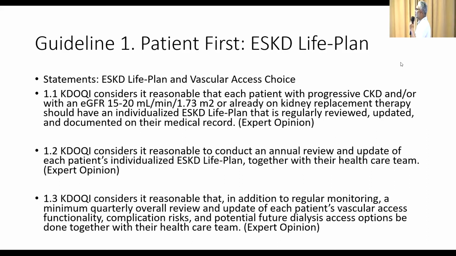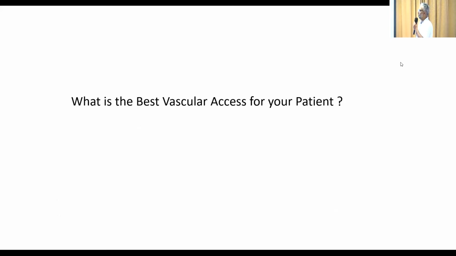And every time this vascular access plan should be reviewed with the patient and with the healthcare team. Dialysis is not done by one person. It's a multidisciplinary business. So if you have a multidisciplinary team, it has again been shown to have better outcomes for patients on dialysis. And then regular monitoring of these patients is also very important.